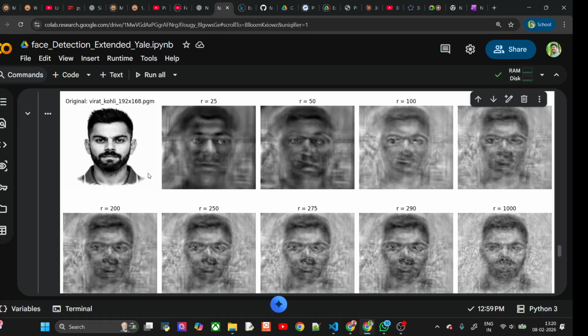Once you get the reconstructed data, you apply your SVM classifier to classify which person it is, like Ashwin or Dhoni or Virat Kohli or Rohit Sharma. Depending on that supervised learning algorithm, you can get the name of the person afterwards.